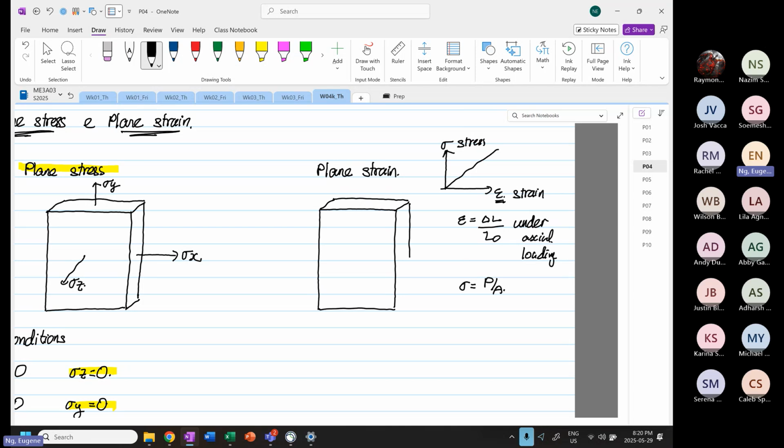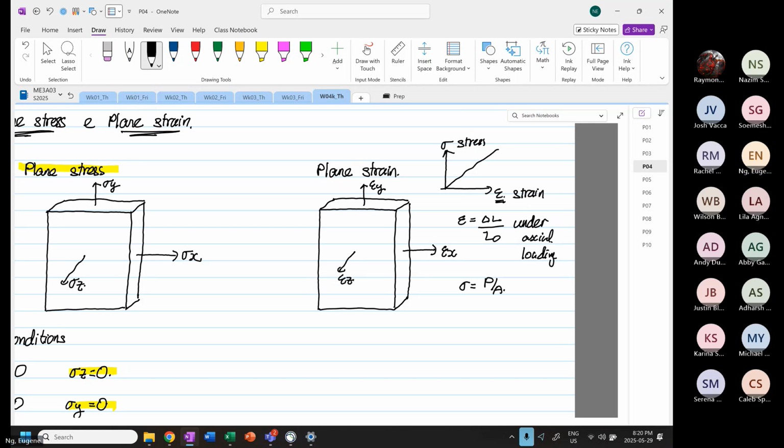So with the terms defined, we know that when it's stretched in this way, this is known as epsilon x, epsilon y, and we have epsilon z.